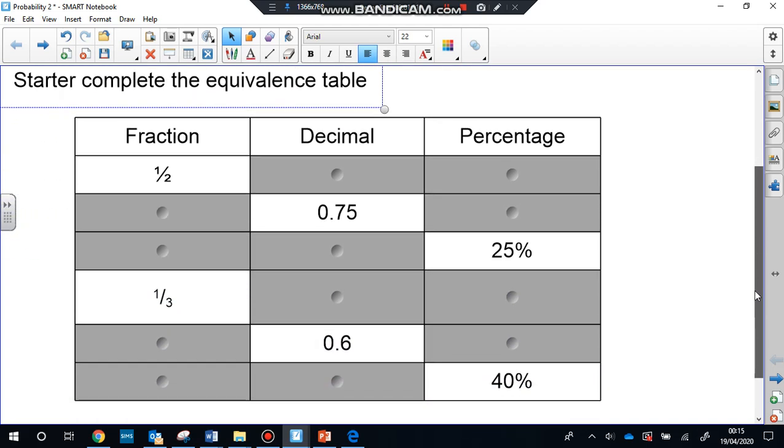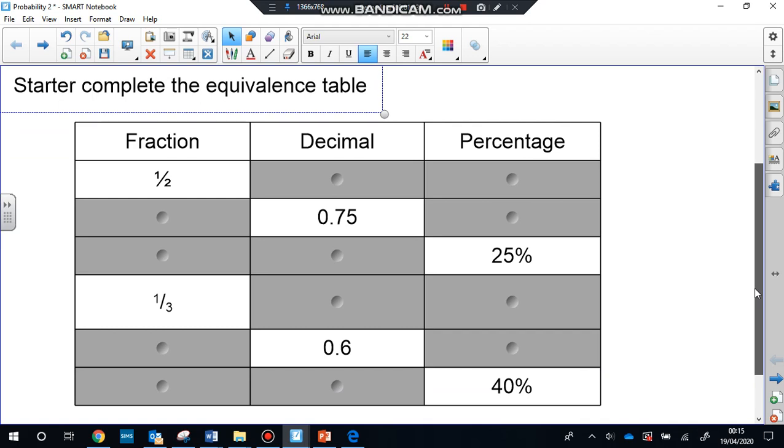So it would be good if you could copy that table and just fill in the equivalents. So if we've got the fraction half, what's the equivalent decimal and what's the equivalent percentage? So what I suggest you do is pause, copy that out and fill in the missing values, and I will put some answers up in a minute.